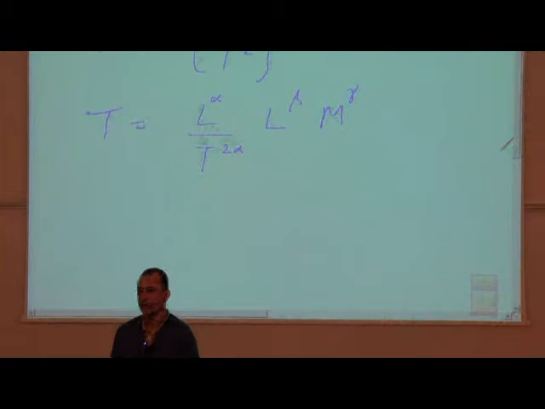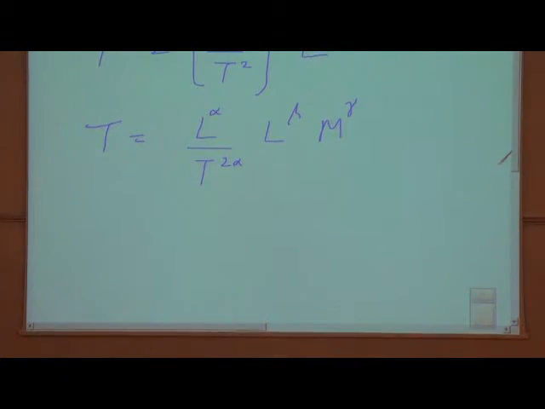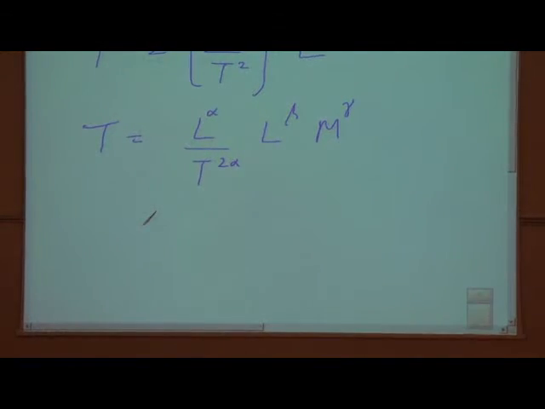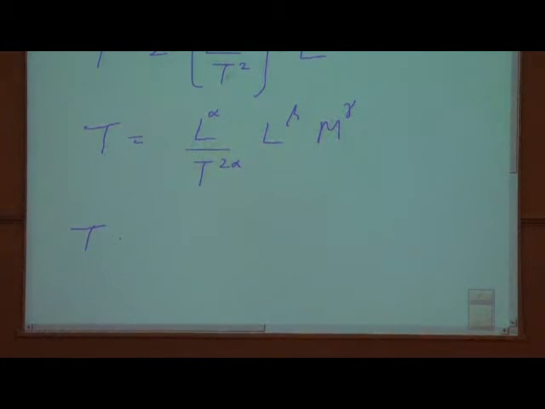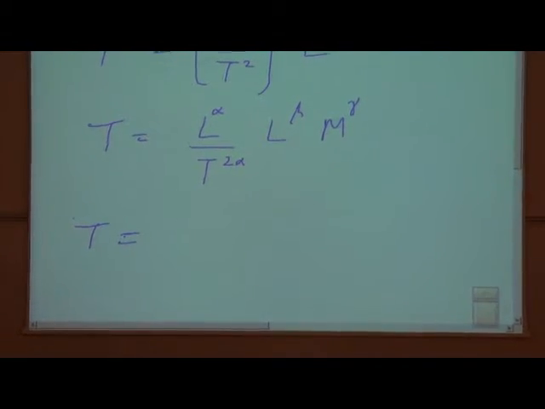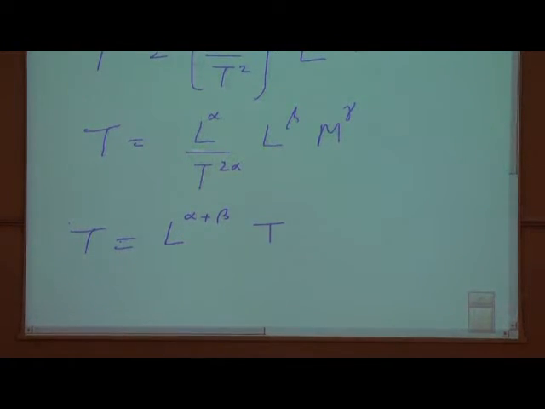Clear? Okay, so now let's simplify this. This gives us the dimension of T, actually. Well, I won't keep writing this dimension. So L to the alpha plus beta, T to the minus 2 alpha because I'm dividing by T to the 2 alpha, M to the gamma.